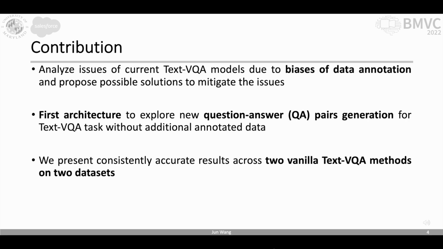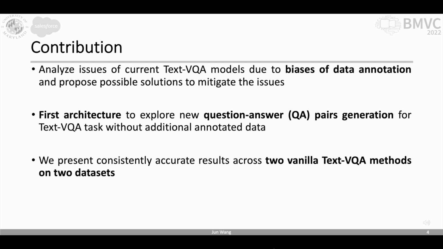Here are the contributions of our work. First, we analyze issues of current text VQA models due to biases of data annotation and propose possible solutions to mitigate the issues. Second, our work is the first architecture to explore new question-answer pair generation for the text VQA task without additional annotated data.